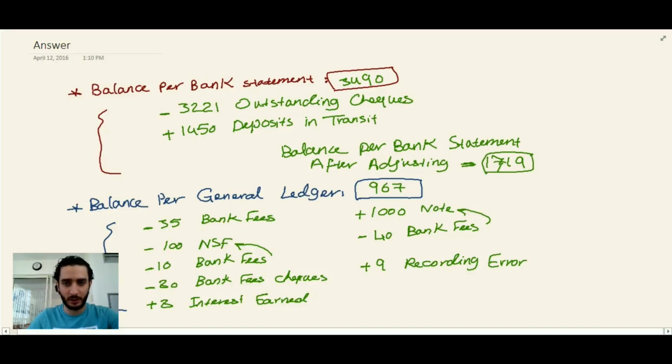So this is the adjusted balance, and now we have to check the same balance here and write it adjusted here.